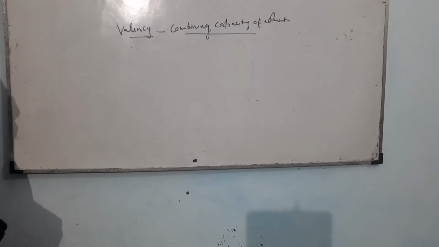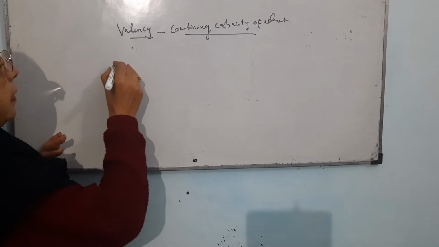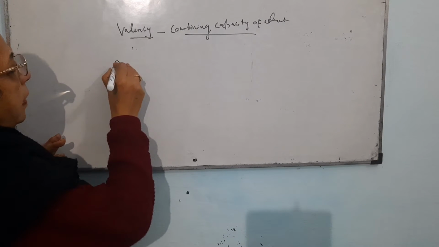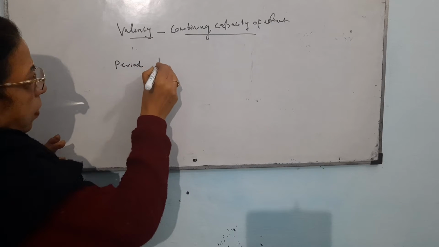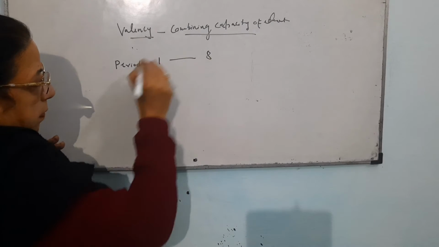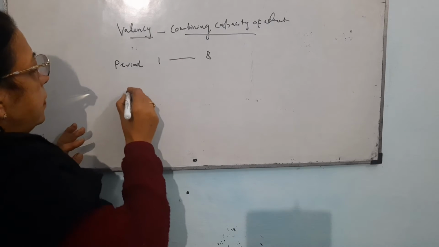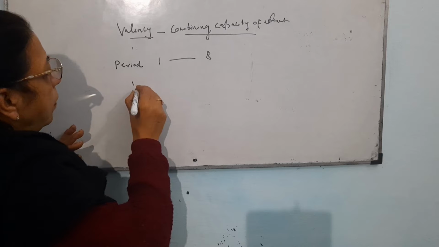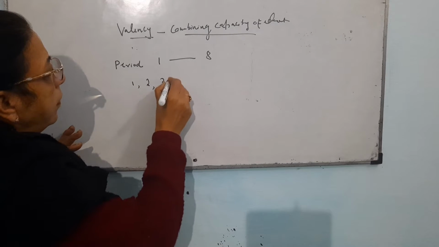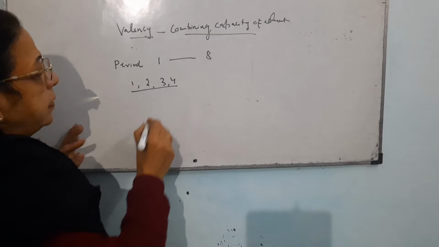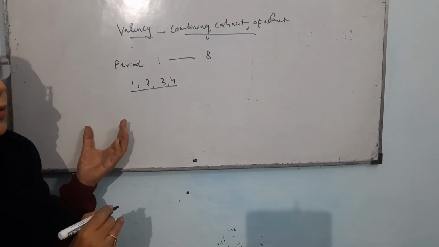When we move in a period, the number of valence electrons increases from 1 to 8. The valency is the same as the number of valence electrons, up to 4 electrons in the outermost shell.